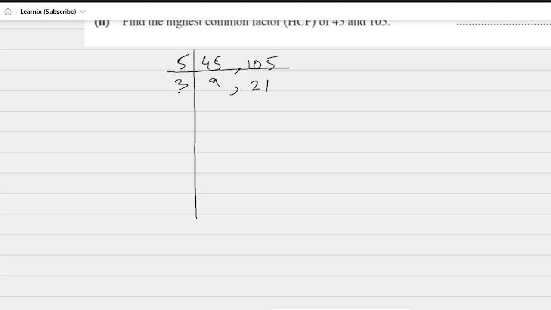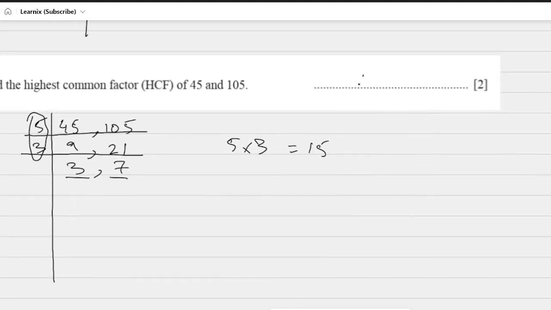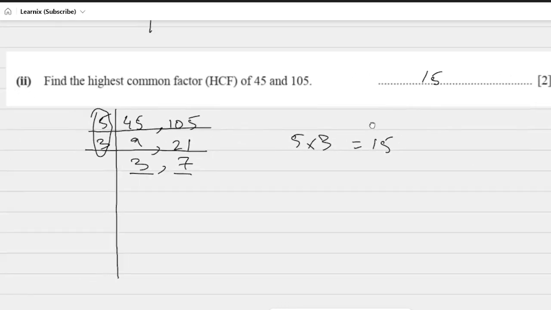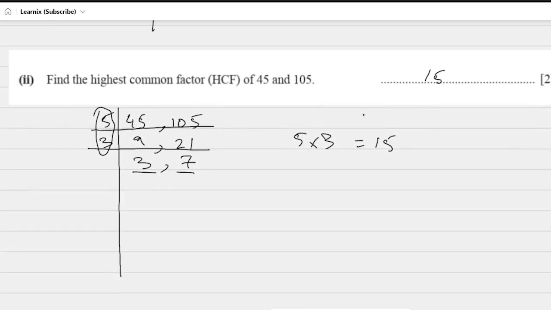Now divide these two by 3, gives you 3 and 7. Look at here, 3 and 7 do not have a common factor, so we're not going to continue. Take 5 and 3 and multiply them. 5 times 3 equals 15, and that's your answer. 15 is the HCF of 45 and 105. That's an easy 2 marks.